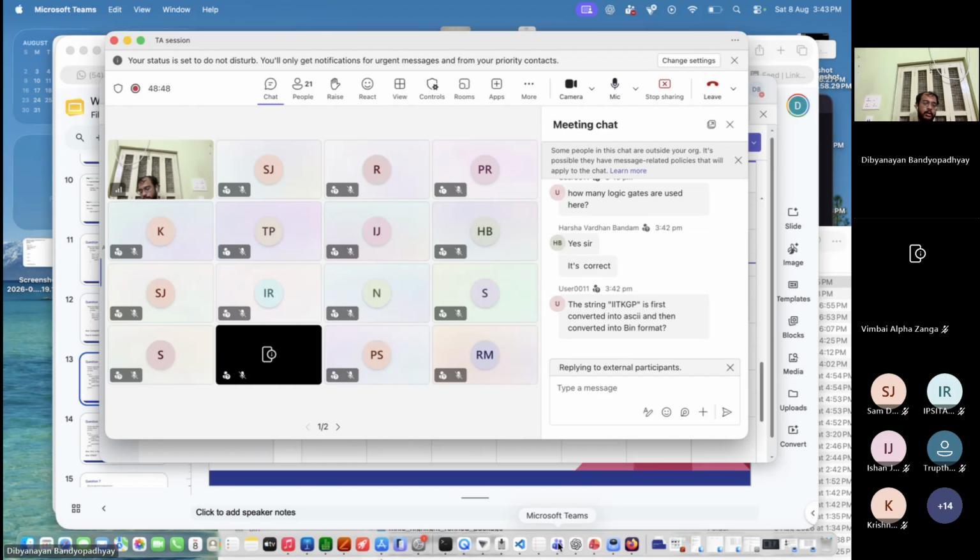So you have to evaluate the expression first. That doesn't mean that IIT KGP has to be converted into ASCII and then binary format. So the expression that is there in the if statement, that has to be evaluated first. Okay. So this is the output that you are getting printed, that is getting printed in the printf statement.